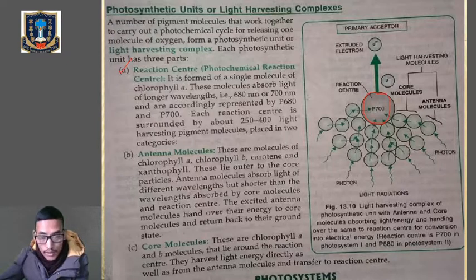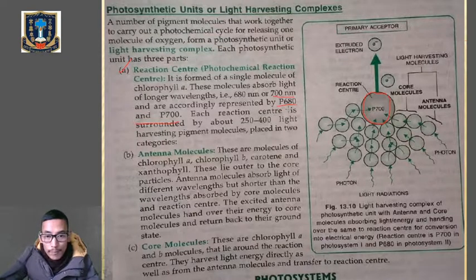Listen very carefully. So P700 means it will absorb the wavelength of light of how many nanometer? 700 nanometer. P680 means it will absorb the wavelength of light of 680 nanometer.